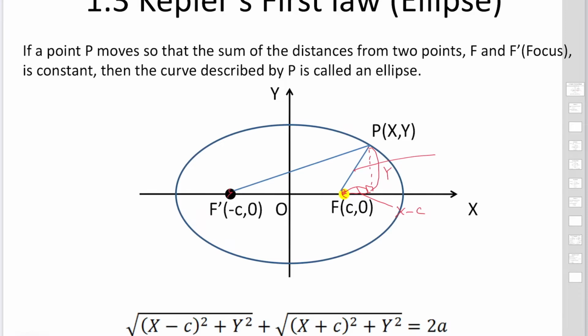So this distance can be expressed as the square root of (x minus c) squared plus y squared. Also you can calculate in the same way. This is going to be the square root of (x plus c) squared plus y squared. And the sum of these two lengths has to be constant. This constant is 2a. So this is the definition of the ellipse.